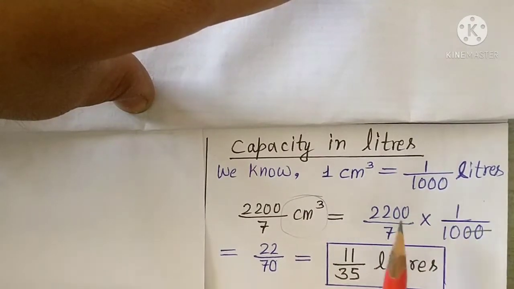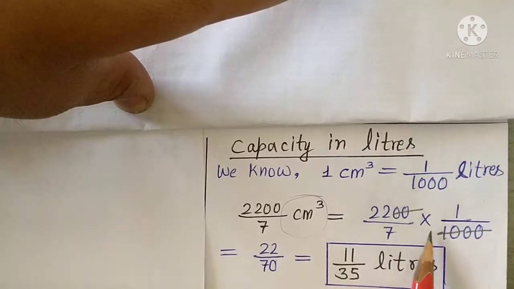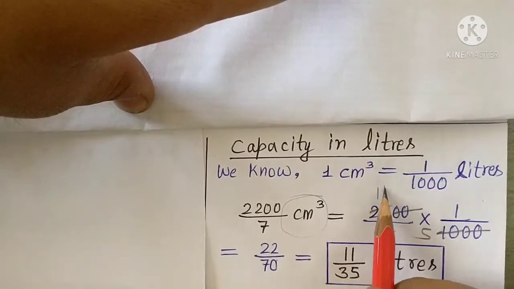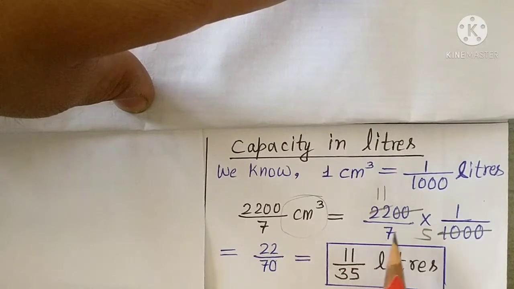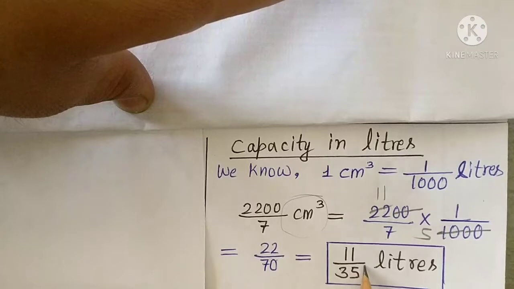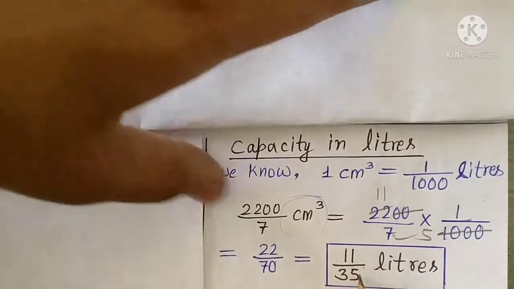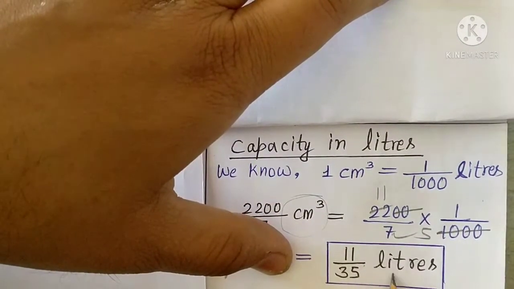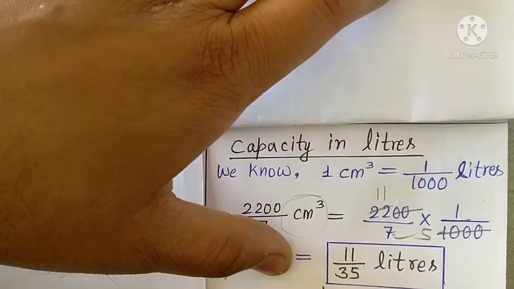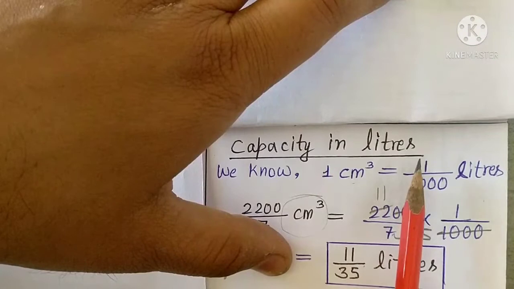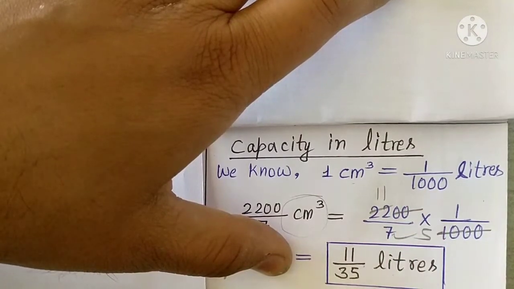So this 2 0 will cut this 2 0, and then it comes 22. So 2 5s are 10 and 2 11s are 22. So 11 upon 7 multiplied by this one. So it will come 11 upon 7 5s are 35. So 11 upon 35 liters. So this much liters answer came. So in this way we can convert into liters also. Remember, 1 centimeter cube equals 1 upon 1000 liters. So we have found our second part also.